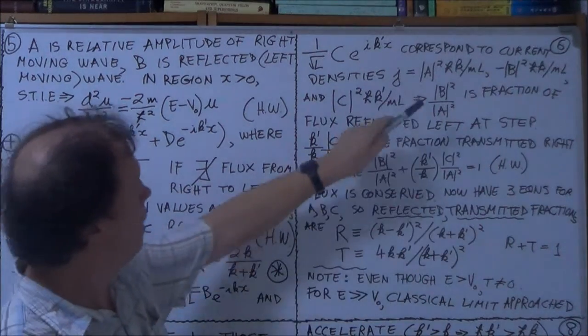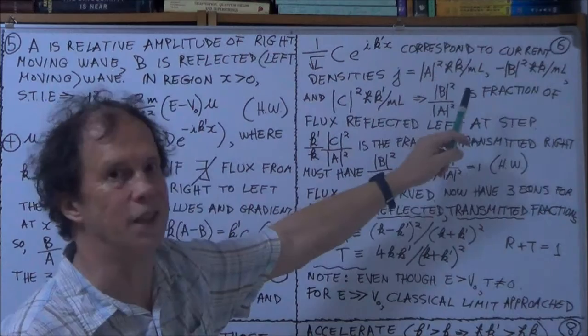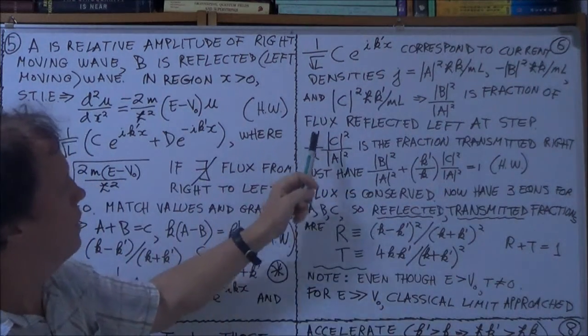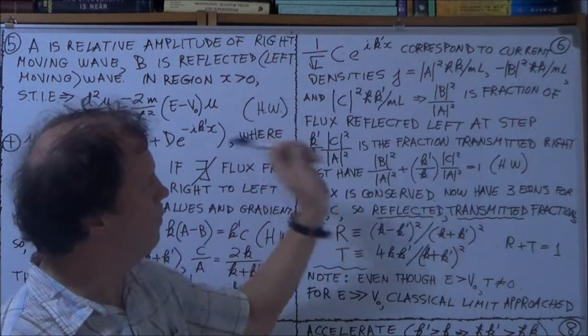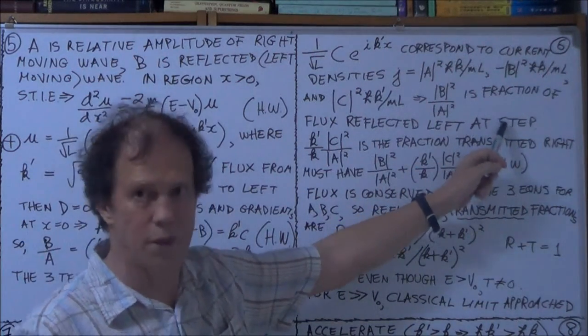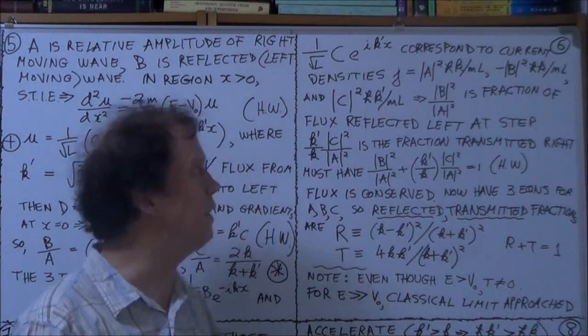So B squared over A squared, you interpret that as the fraction, the percentage, of the flux that gets reflected to the left at the step. The step is where the barrier starts. That's where the potential starts, right?